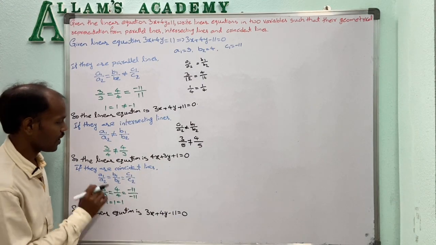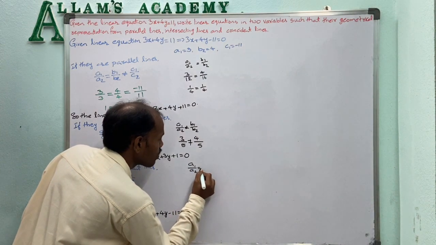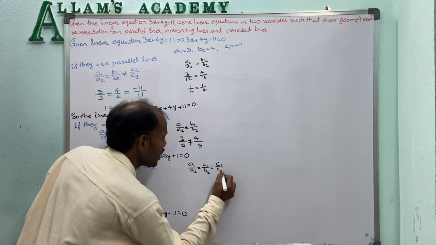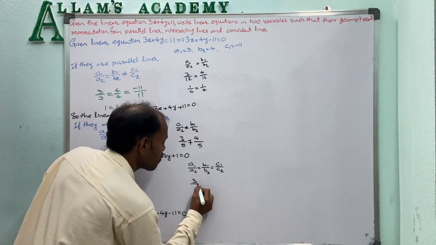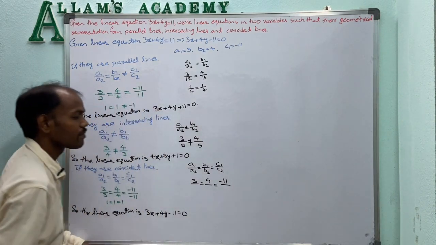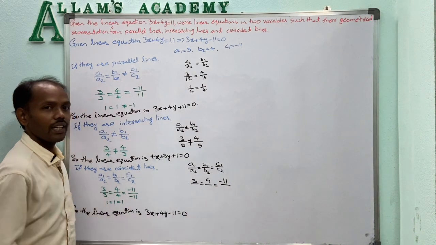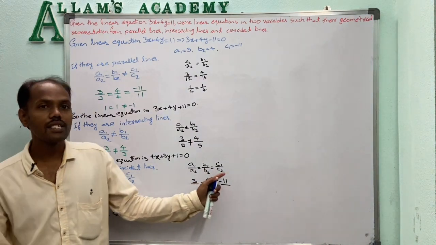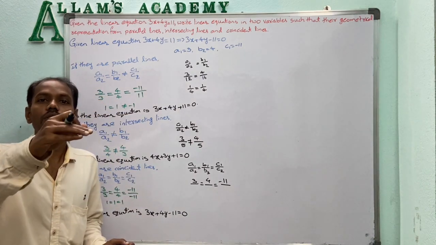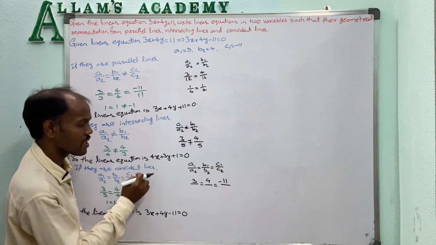Now here, if we observe coincident lines, a1 by a2 equal to b1 by b2 equal to c1 by c2. So 3 by 4 by minus 11 by. If any one of the coefficients is multiplied by a number, we have to take the same multiple for the others, then we get coincident lines.